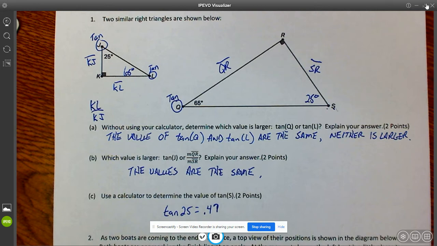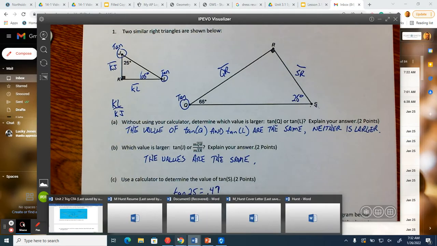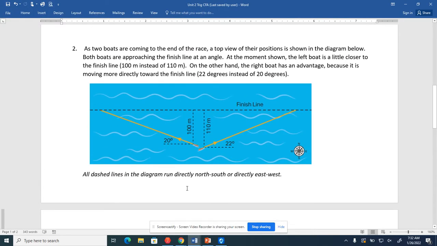Now, I'm going to switch over and look at this picture first because it's better than the one on the paper, but I put this on the board. Two boats, so here's a boat, here's a boat, are coming to the end of the race. A top view of their position is shown in the diagram below. Both boats are approaching the finish line at an angle.